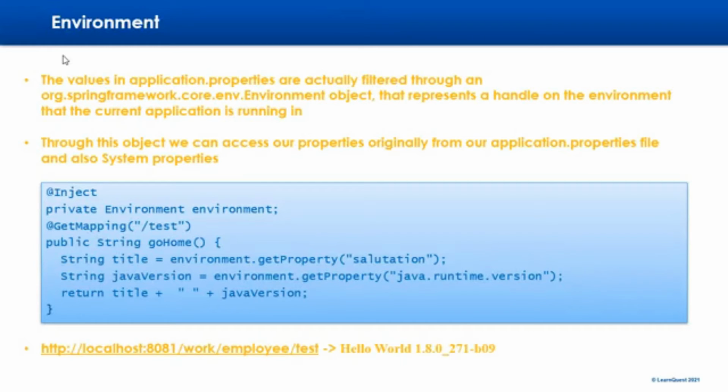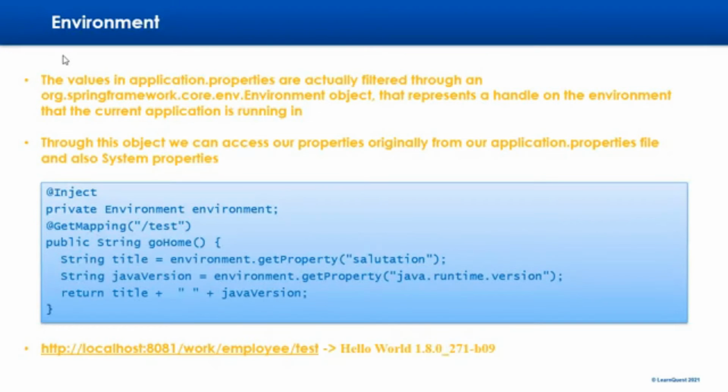To prove that the values in the application properties file are actually going through the Spring environment object that represents a handle on the configuration for our running application, we can actually write this little bit of code I've got here, where I've actually injected in the Spring environment object, and I'm getting the property salutation.